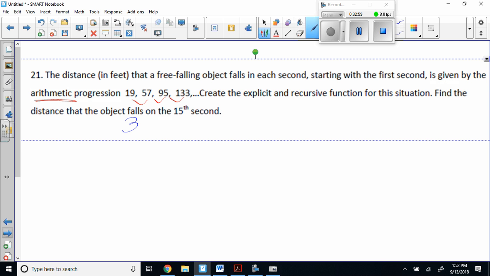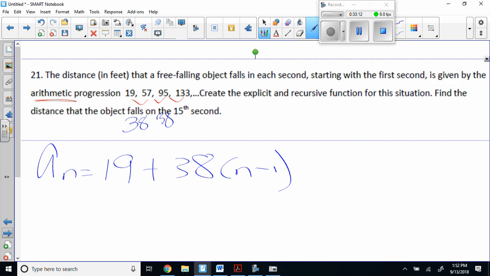Are you sure? What's that? Are y'all sure? So a sub n equals 19 plus 38 times n minus 1. And then a sub n equals a sub n minus 1 plus 38.